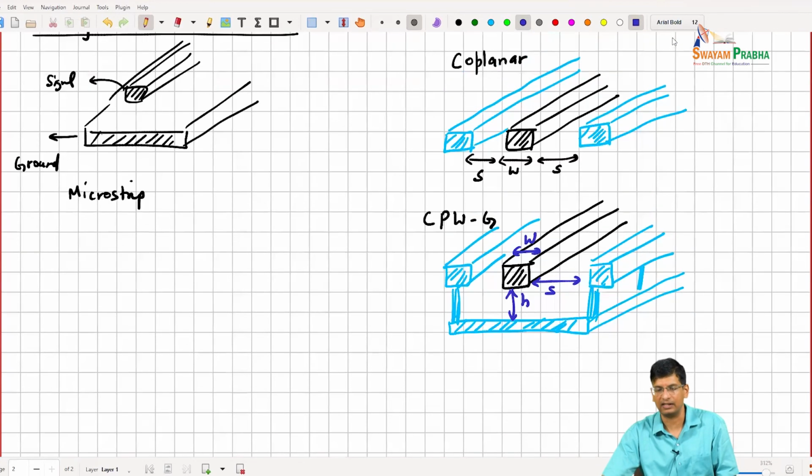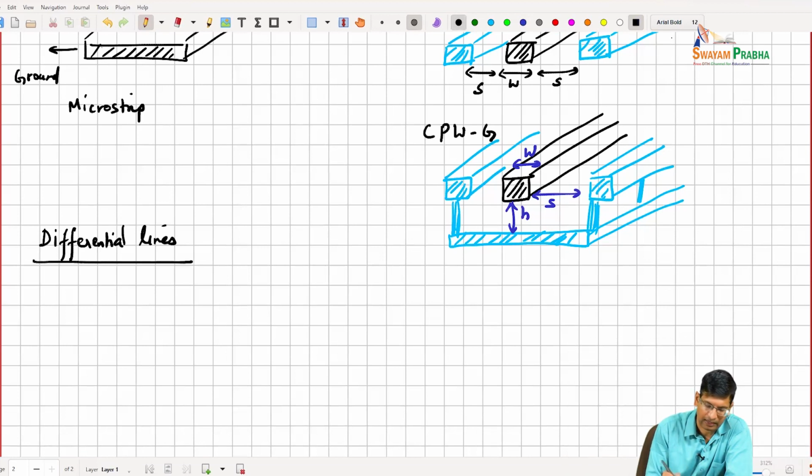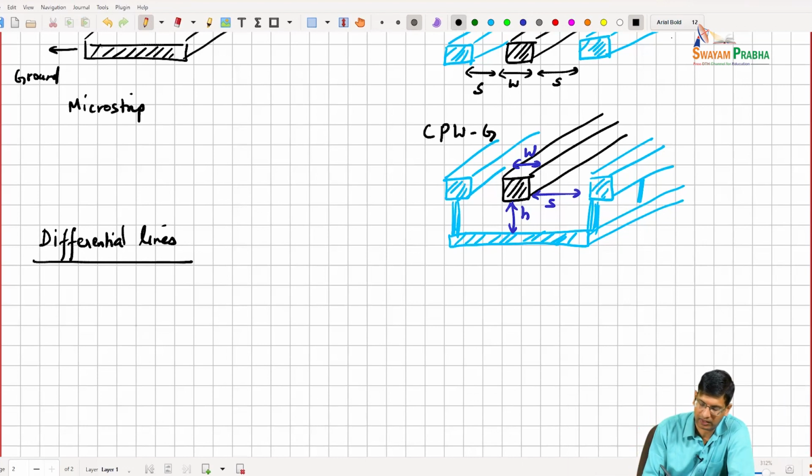So these are all sort of single-ended lines, right? But we can also build differential lines on the chip. Many times we are interested in differential signals. And with differential lines, again, we have multiple options. We can build them as a microstrip, where we have the two signals and we have ground below.